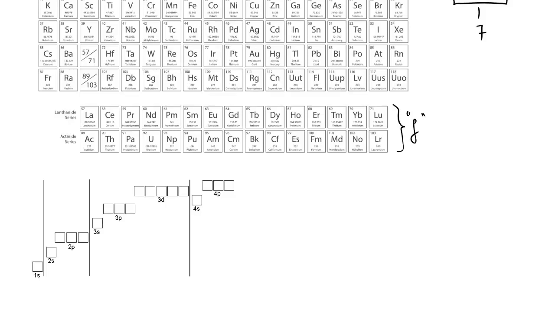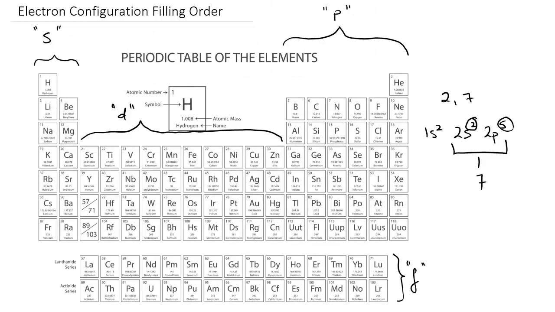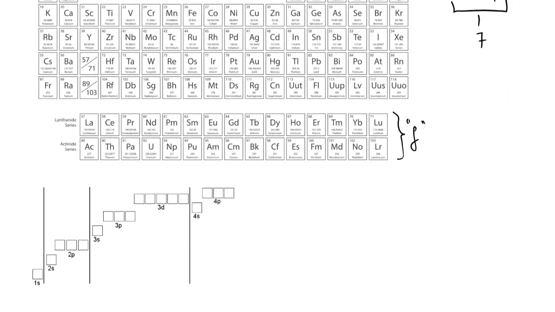If you look back at the P group, you can see that there's 1, 2, 3, 4, 5, and 6. So there's 6 electrons that can potentially fill the P subshell. Now, let's go back here. As you can see, in the P subshell there are 3 orbitals which can each contain 2 electrons, so in total that's going to be 6.